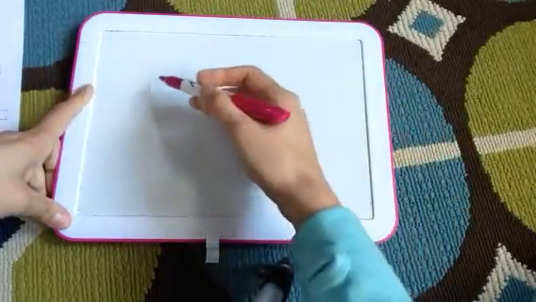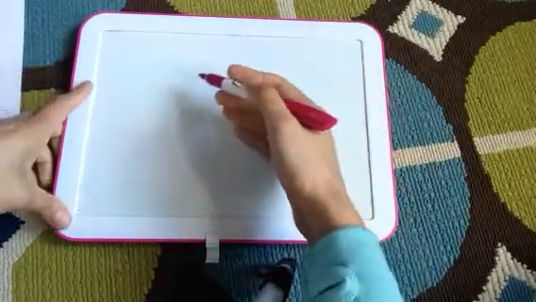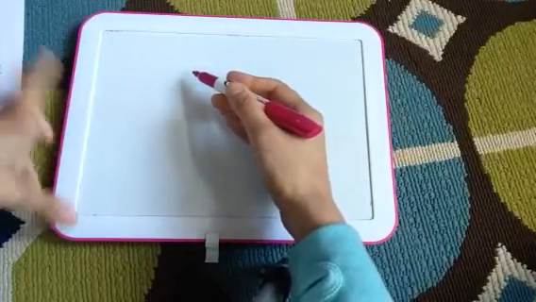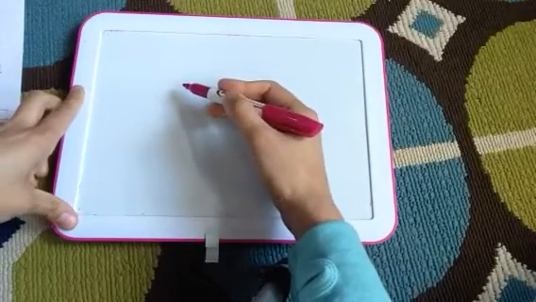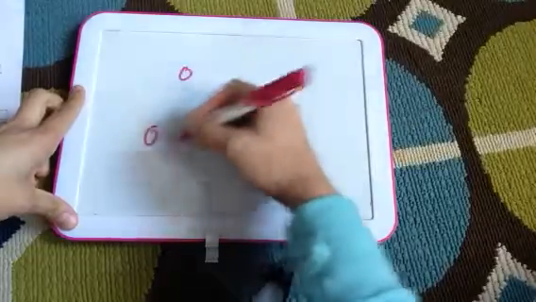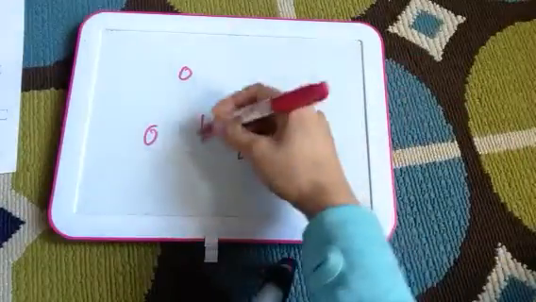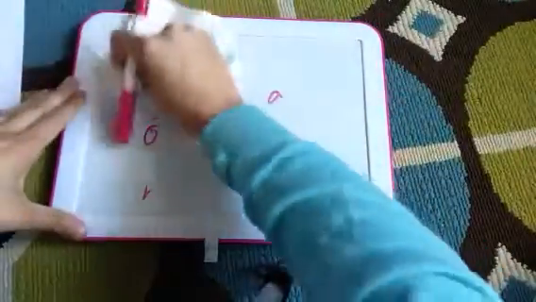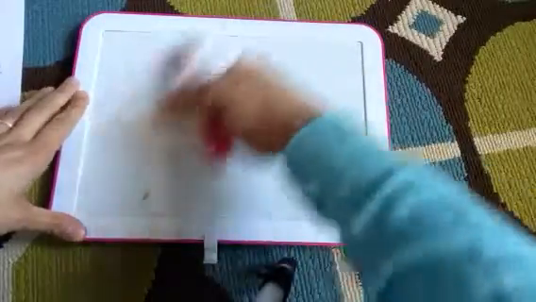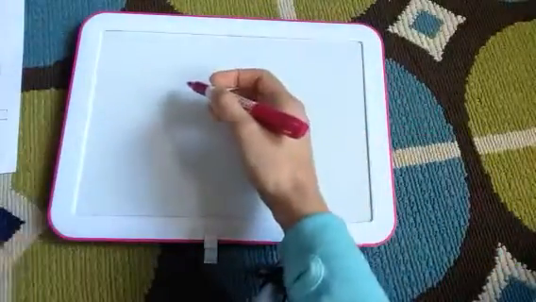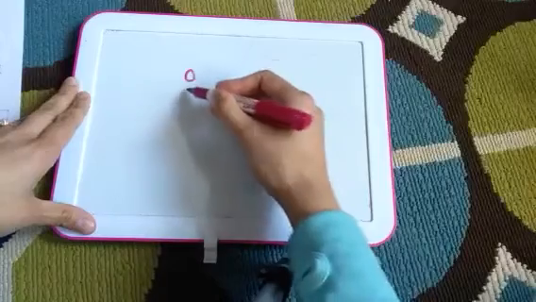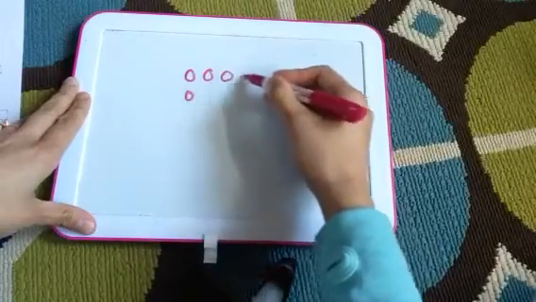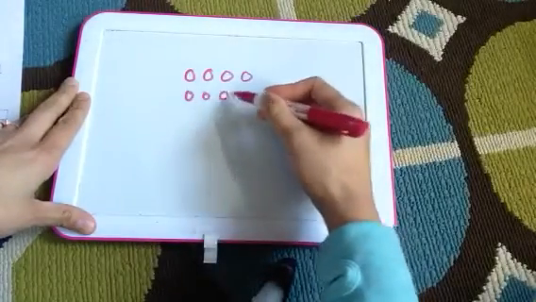An array is simply an organized drawing, really, of items. So an array is not that, because that's really not organized. There are items there, but they're not very organized. An array is basically, we see a lot of it using dots, but you could use other items if you wanted to.